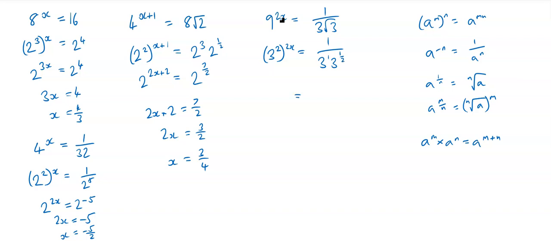So on the left-hand side, 2 times 2x is 4x. Over on the right, we have 1 plus a half is 3 over 2, which means we have 3 to the minus 3 over 2. So 3 to the 4x equals 3 to the minus 3 over 2. 4x equals minus 3 over 2. x equals minus 3 over 8.